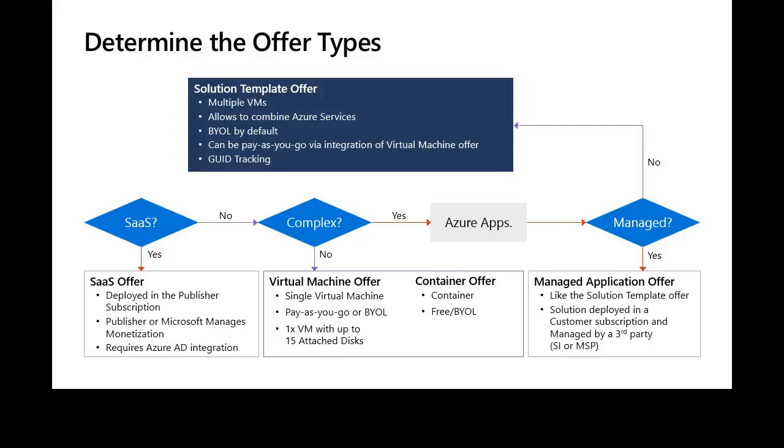Is that SaaS multi-tenant? If the solution is going to be multi-tenant, then probably the best bet is to explore the SaaS offer, where the solution itself will live in your subscription. You will deploy the SaaS application on your Azure subscription.